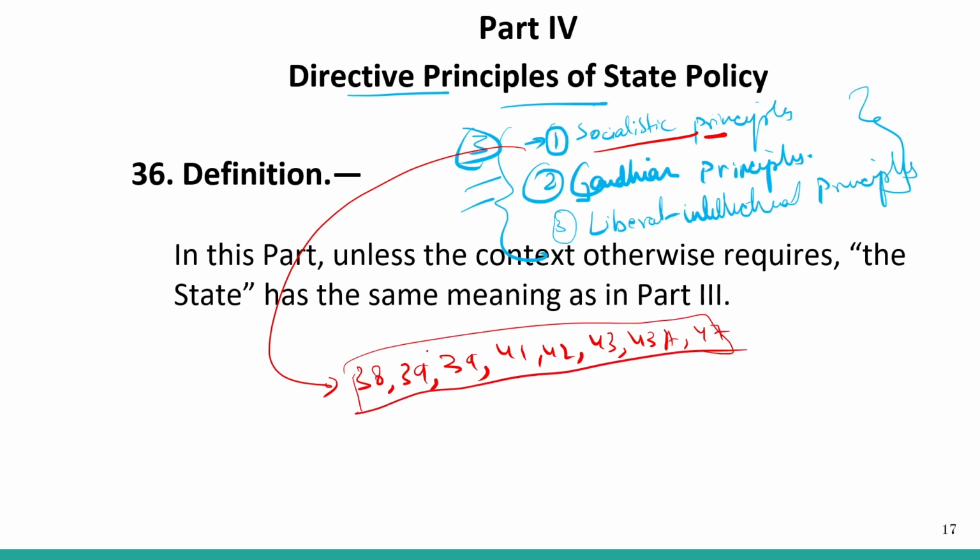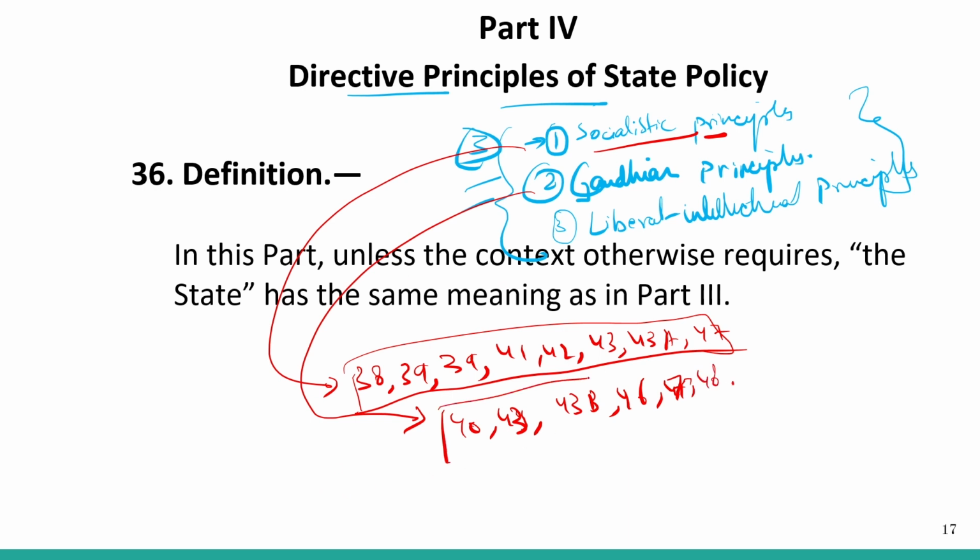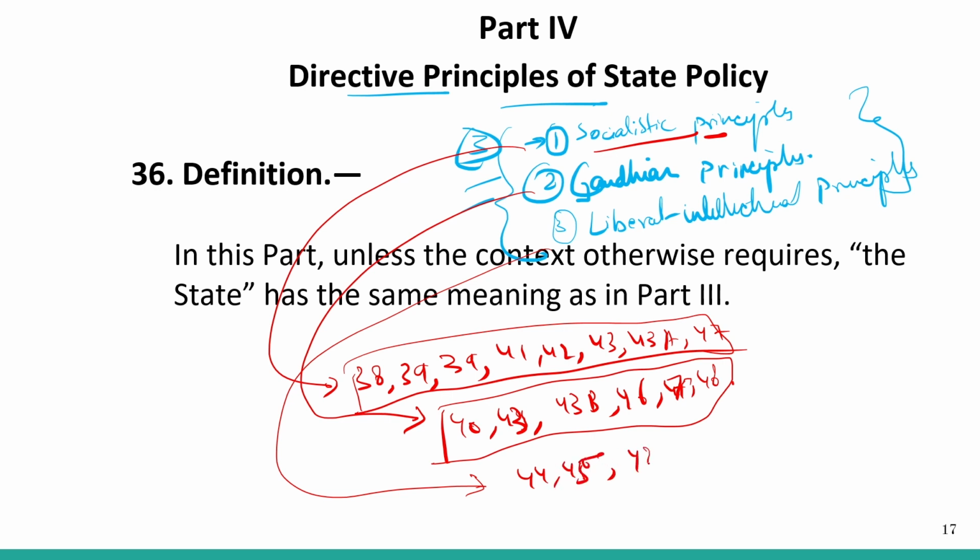Then for the Gandhian principles, you will find mention of 40, 43, 43B, 46, 47, and 48. And in the liberal intellectual principles, you will find mention of Article 44, 45, 48, 49, 50, 51.